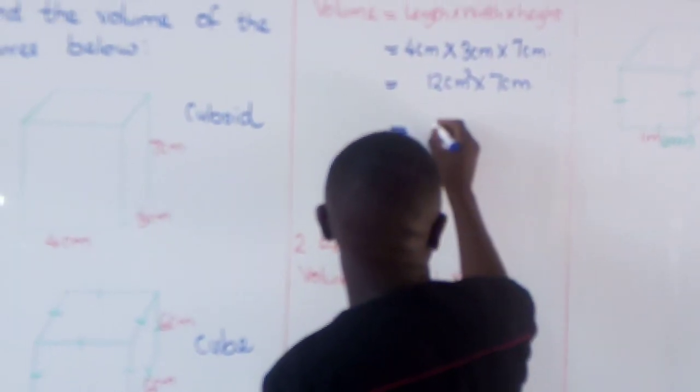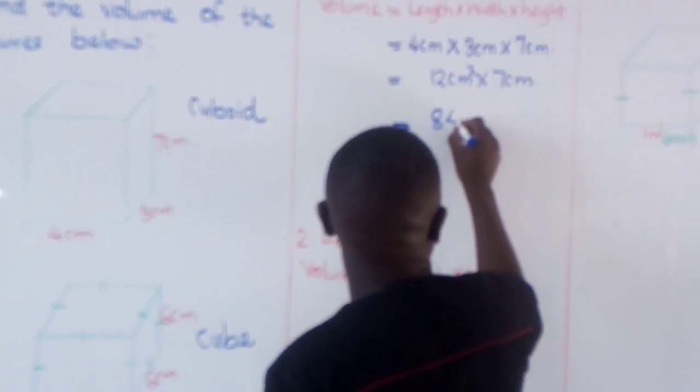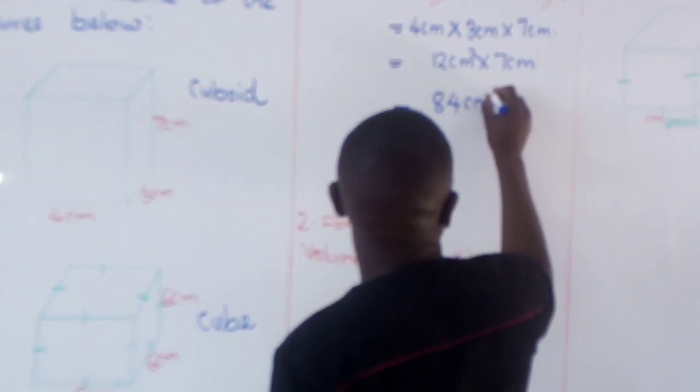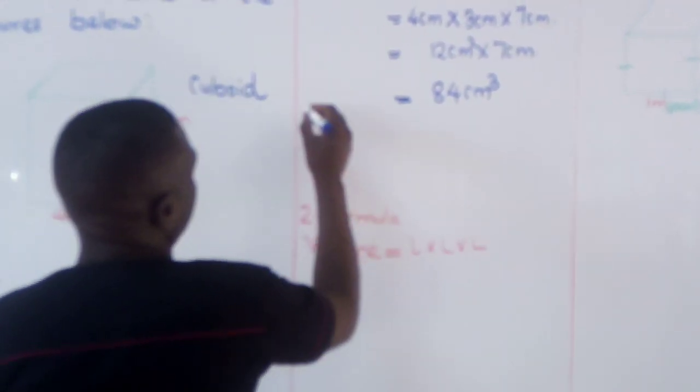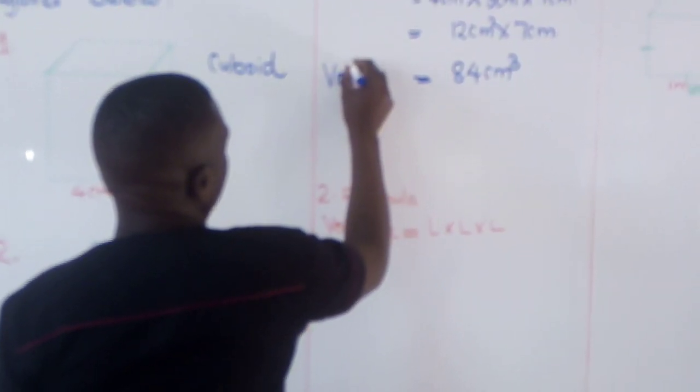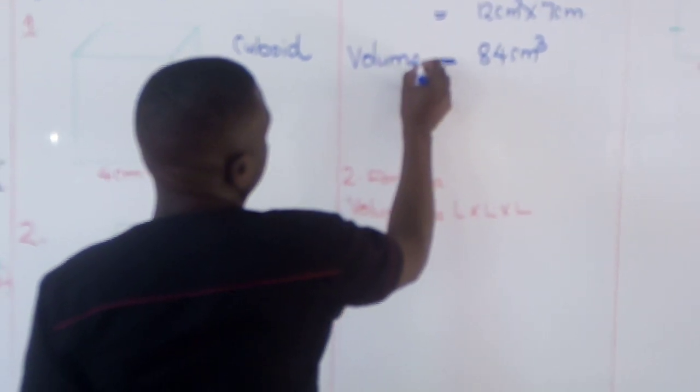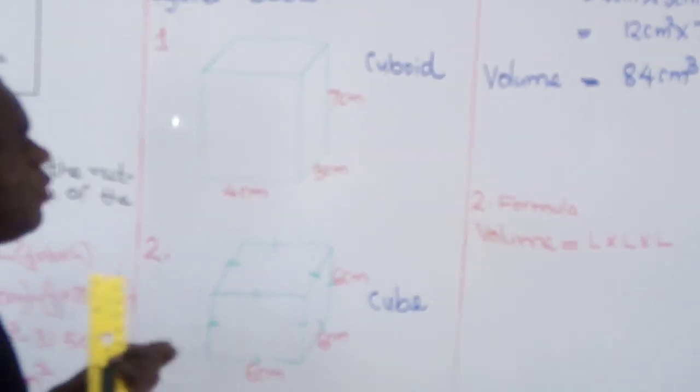So this will be 84 cubic centimeters. And that is the volume of the cuboid drawn here. That's the volume of this cuboid: 84 cubic centimeters.